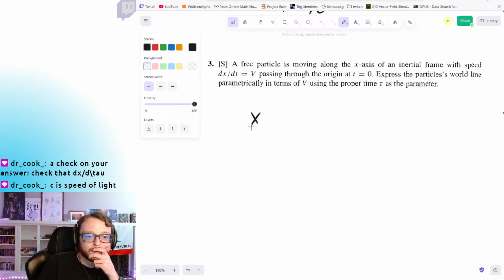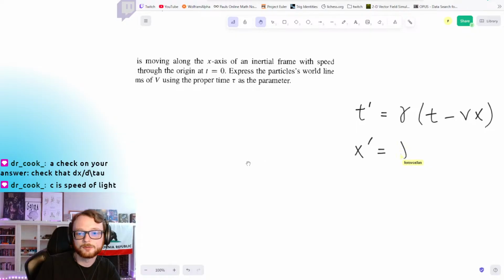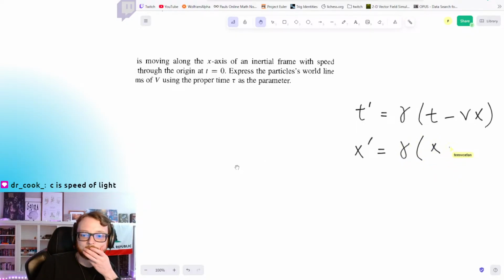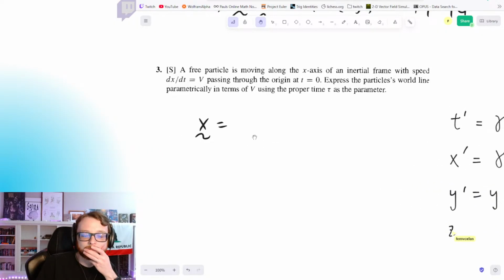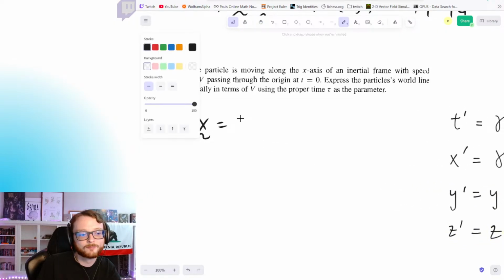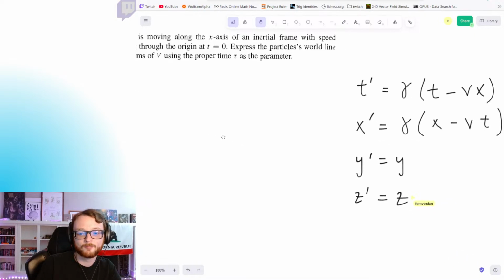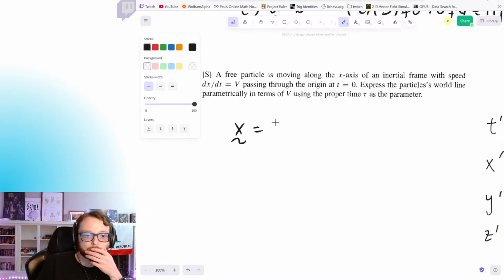I'm just writing down these transformations here. Oh, okay. I don't know if we need these last two. We don't need the last two. It should be the same in each frame, yeah.